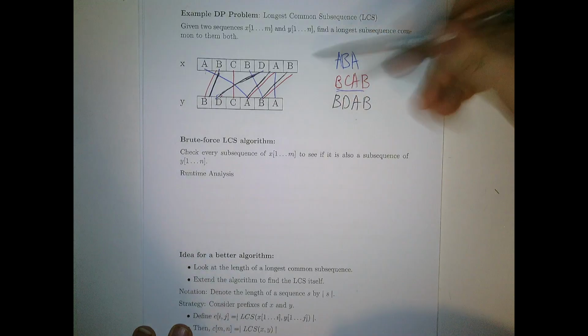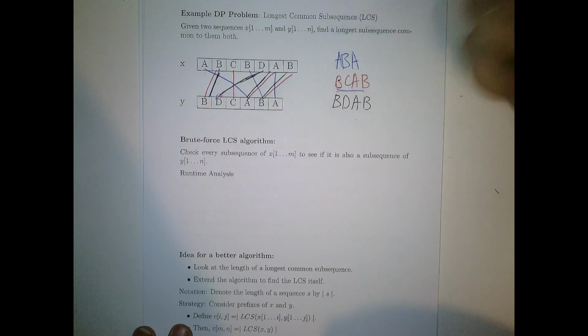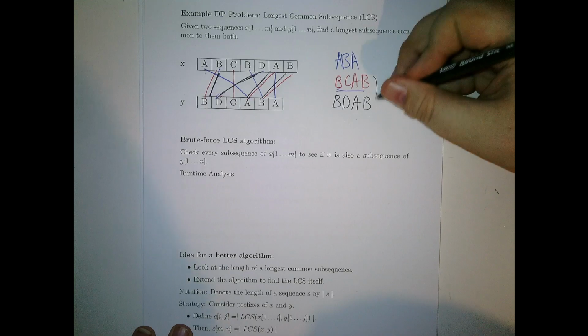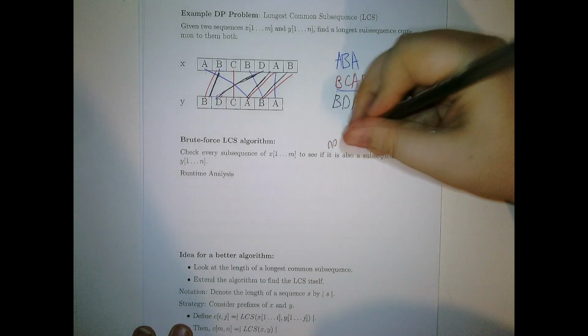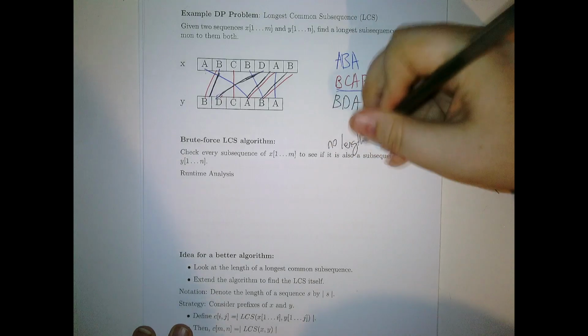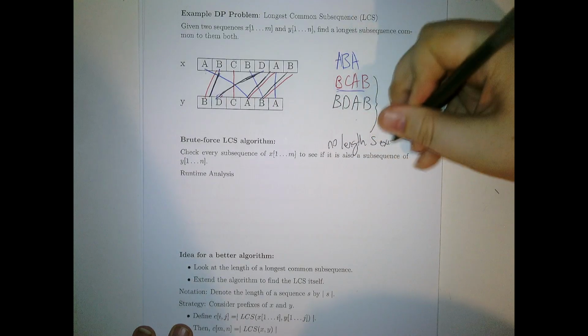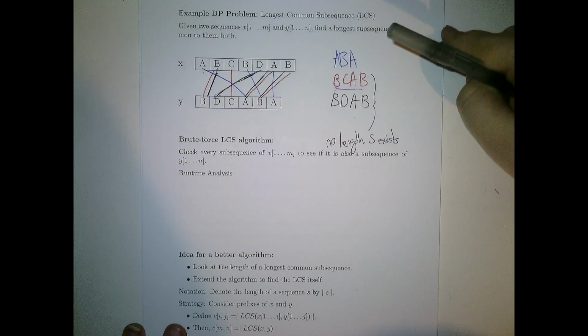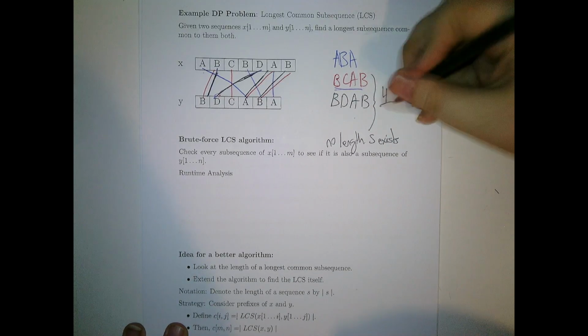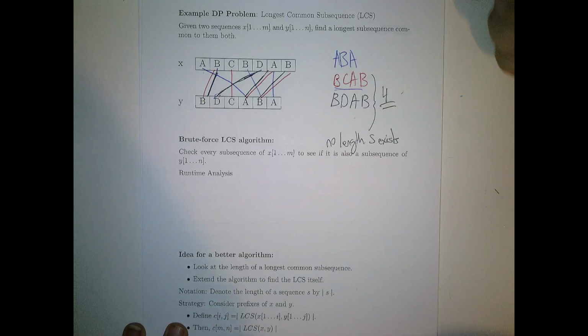You can fish around and try and see, but I'll go ahead and tell you, there's a bunch of length 4, but there's no length 5. No length 5 exists. And so the goal of our problem is to figure out basically this number, 4. 4 is the longest common subsequence between these two strings.